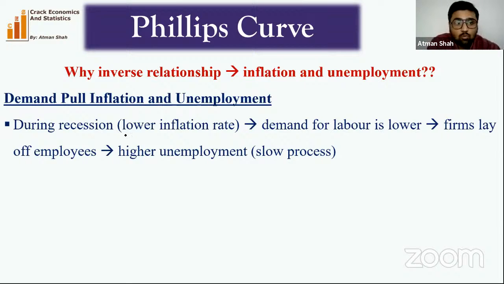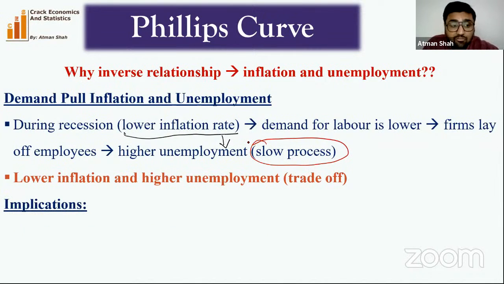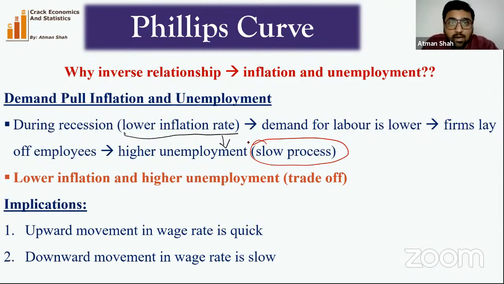So here this lower inflation rate increases the unemployment in the economy. So therefore again we have the trade-off between inflation and unemployment. And this process is slow. What are the implications? First, the upward pressure on the wage rate is very quick, but the downward pressure on the wage rate is slow.